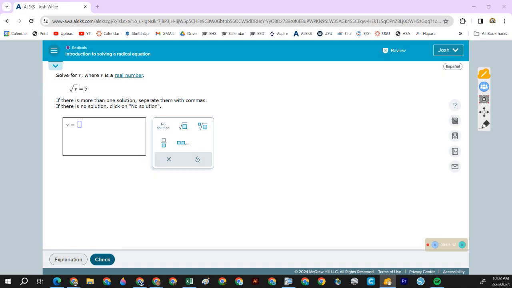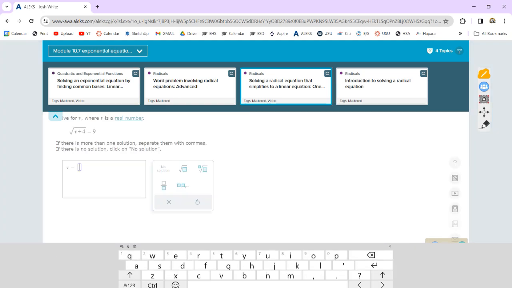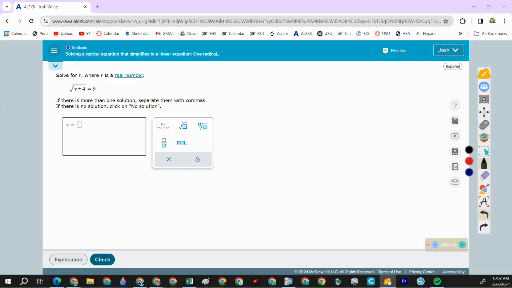All right. So here, is this one all right? Yes. Square both sides. V plus 4 equals 81. Subtract 4. V equals 77.